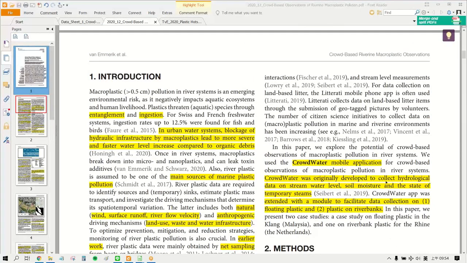Quant Water was originally developed to collect hydrological data on stream water level, soil moisture, and the state of temporary streams. They extended it with a module to collect data on floating plastic and plastic on riverbanks. So it's a new function in this app.